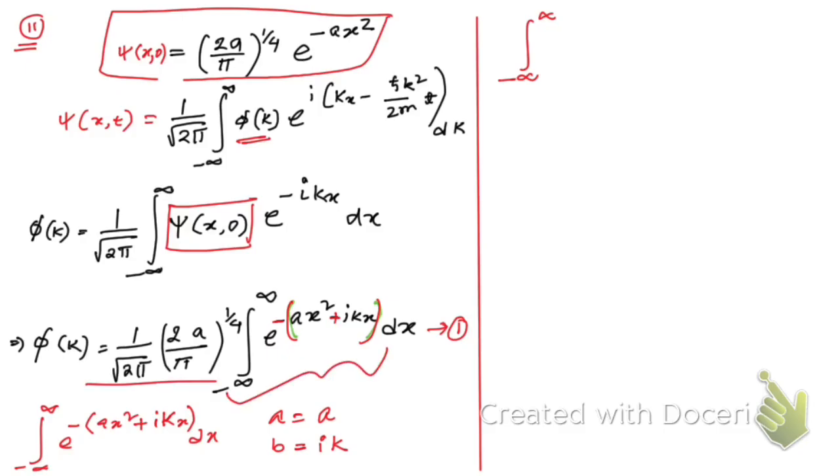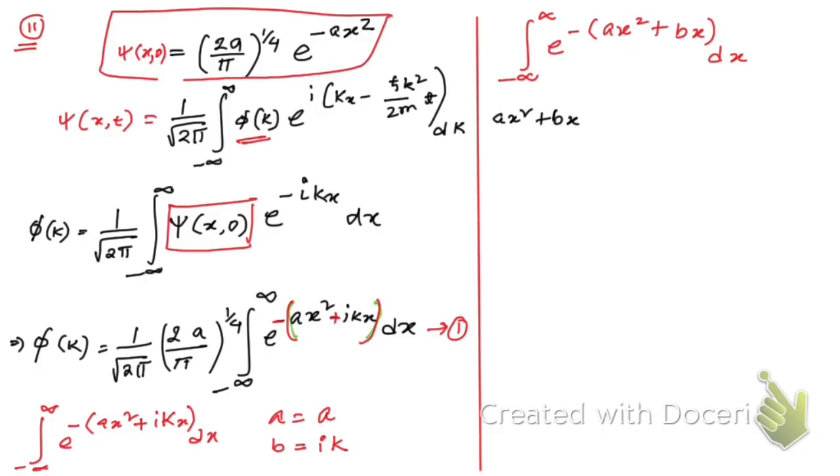First let me evaluate this integral. Ignore this part, let me write the integral only: e to the power minus ax square plus bx dx. Now you see ax square plus bx. If you complete the square, you can write root over a x whole square.